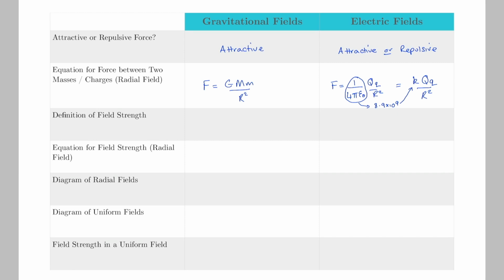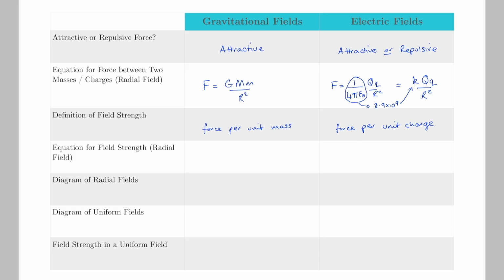We then look for the definition of field strength. So the definition of field strength with gravitational fields is force per unit mass. And the definition of field strength for electric fields is force per unit charge.